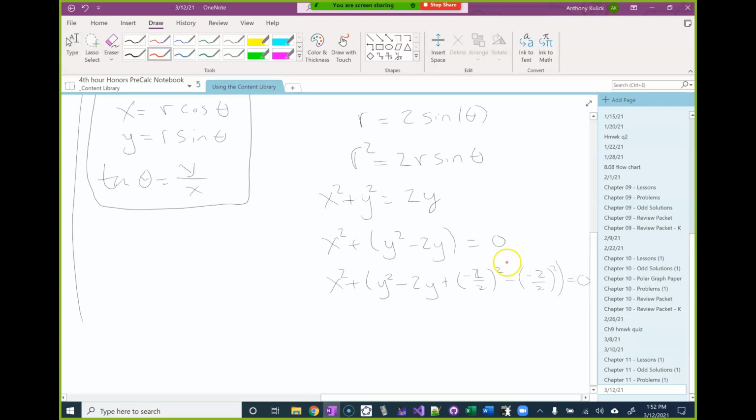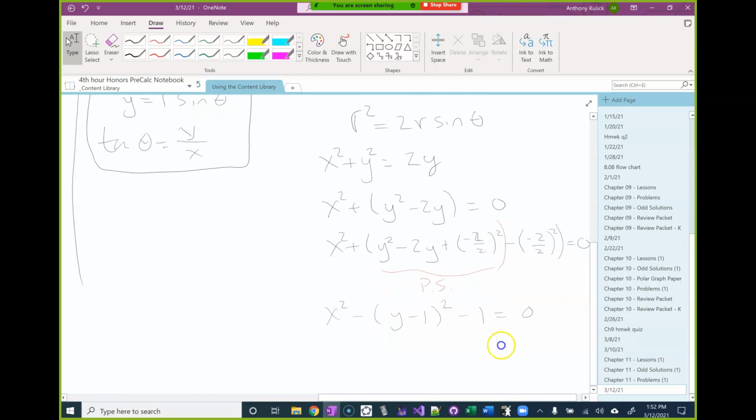And I'm going to kick out that piece at the end. It's just -1. So that piece there factors as a perfect square. The two numbers that multiply to give us 1 and add to give us -2 are -1 and -1, so y minus 1 quantity squared. And as you so astutely pointed out, -2 divided by 2 squared is just 1, so I have just a -1 at the end. And then if I just add, oops, that was a plus sign there, I add the 1 over, and I'm done.